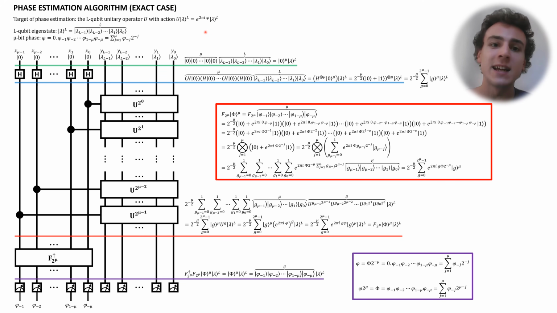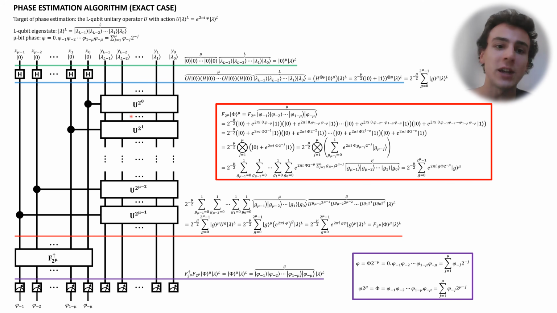This eigenstate is associated with an eigenvalue of the form e to the 2 pi i phi, where phi is the phase that we are trying to estimate with this algorithm. Because we're dealing with the exact case, we will be able to exactly determine the value of phi.